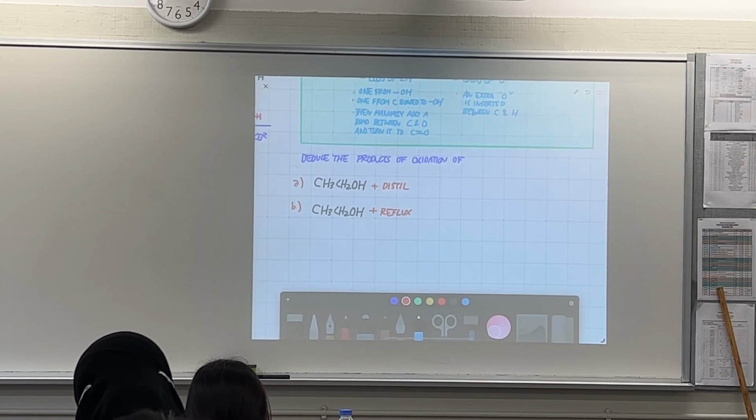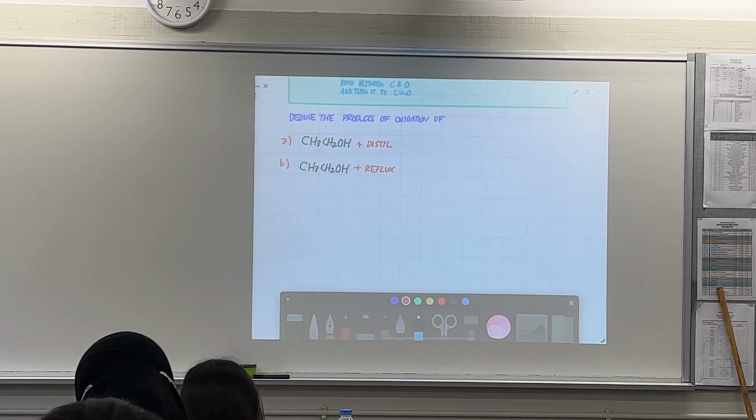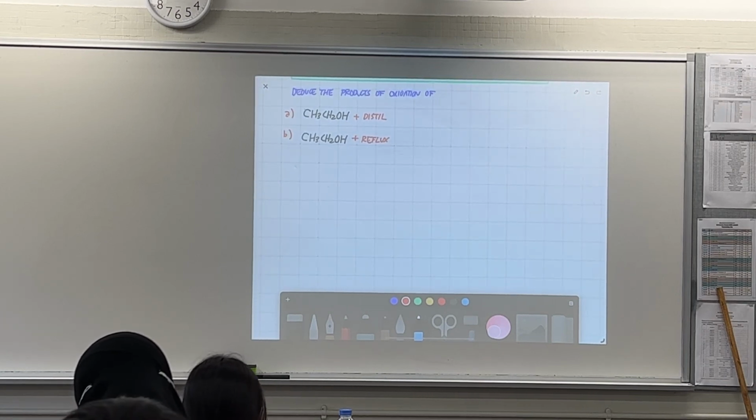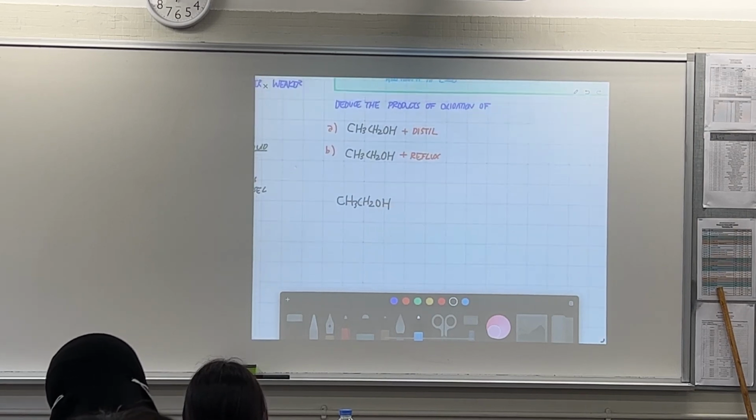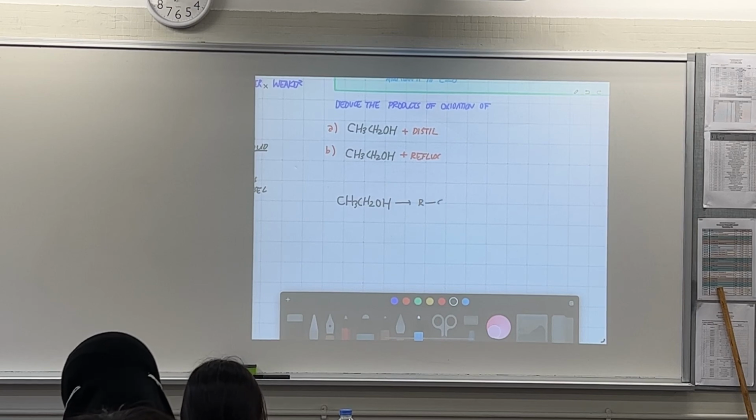Now I'll show you what to do for the first example. We'll do it together, and then starting with the second example, I need you to work on it yourself. The first thing is to convert CH3CH2OH into a form that we understand. So how do you turn it into R, C, OH, H, and H?